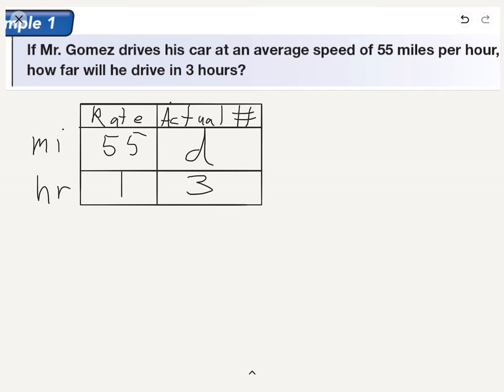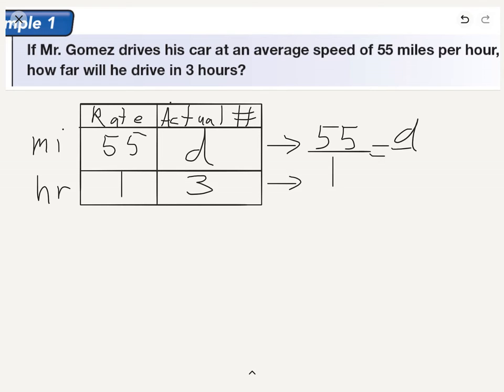So we could just bring this over and make it into sort of a ratio rate kind of equation. Is it like cross multiplying? Yes, it is the cross multiplicative goodness. So thinking of it as a ratio, basically this one's 55 to 1.